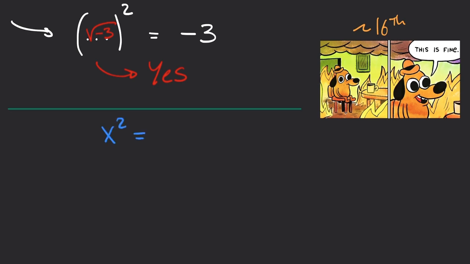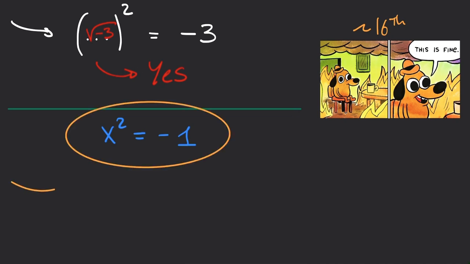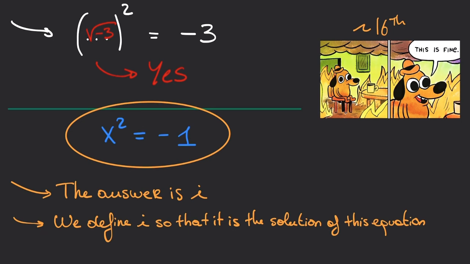Here is the starting point of everything, I mean, of this extension of the number system. I will define i so that it is the solution of this equation. So yes, it's exactly what happened, and maybe now you realize why it was such a controversy. Now imagine, tomorrow you have a math test, unfortunately you did not prepare, but you say, okay, Mr. teacher, I define x so that it is the solution of your question, and that's it.